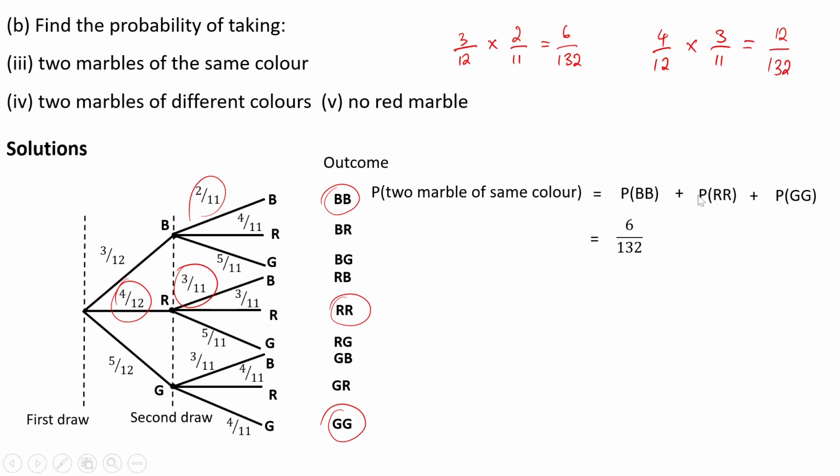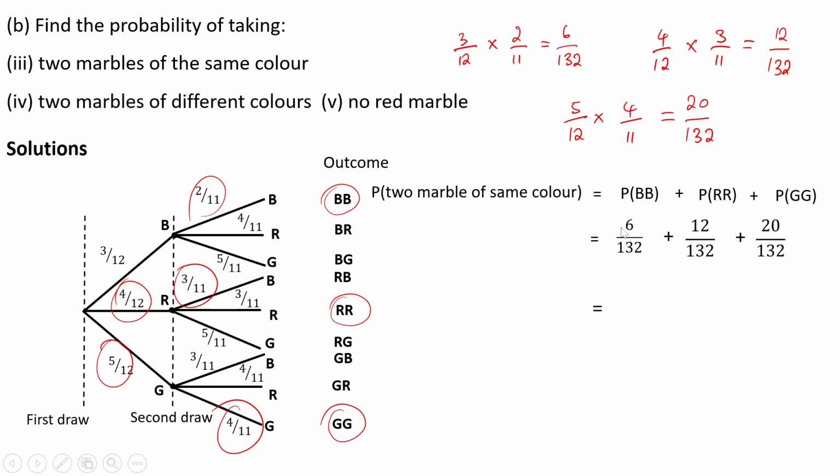So this is plus here, you drop it here, then you get this one, 12 over 132, then plus, then this one also will involve green, you get this one here, and also this one here on the path of green, which will be 5 over 12 times 4 over 11, which will give you 5 times 4, 20 over 12 times 11, 132. So this is how we got it, 20 over 132.